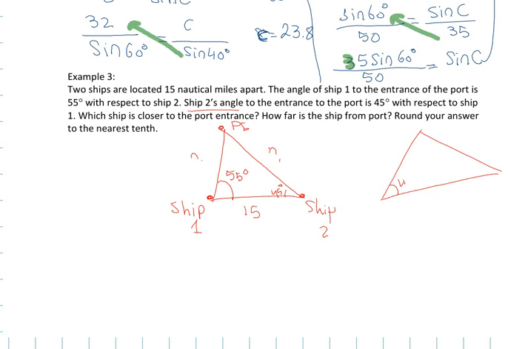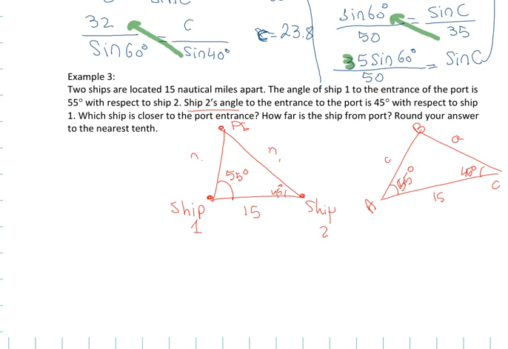I have this as 55. I have this as 15. I have this at 45. And basically, I'm going to call it A, B, C, whatever you want to call it. Right? So first I drew my triangle with respect to whatever ships, but now I'm going to rename it so I can work with my letters. Okay? I'm looking for side A, and I also am looking for side C later on.